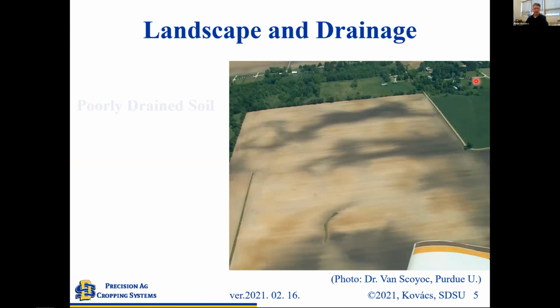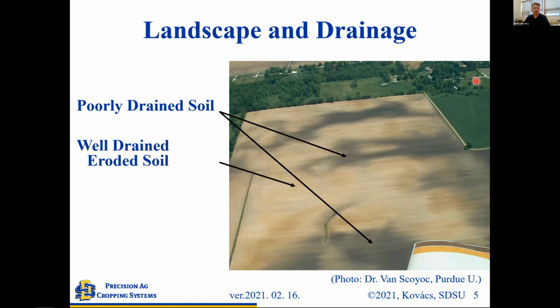Many times we can have some sort of an estimation or guess of the drainage on different parts of the field. Where we see these darker color patterns, more likely we would assume poorly drained soils or some sort of drainage issues, while at the top of the hill, more likely we'll have some well-drained soils.